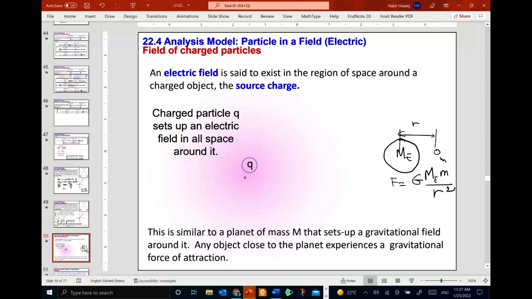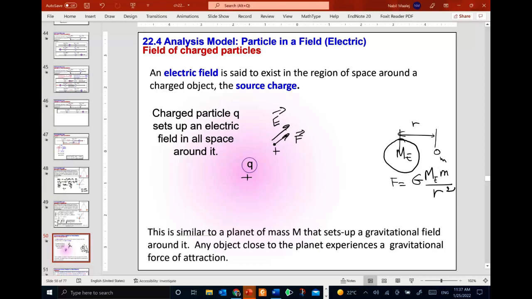But let's assume you put a positive charge here. If you bring a positive charge nearby, it will experience a force of repulsion. And the electric field, as we will see in the next slide, is pointing in the same direction as the force on a positive charge. So this is the electric field.